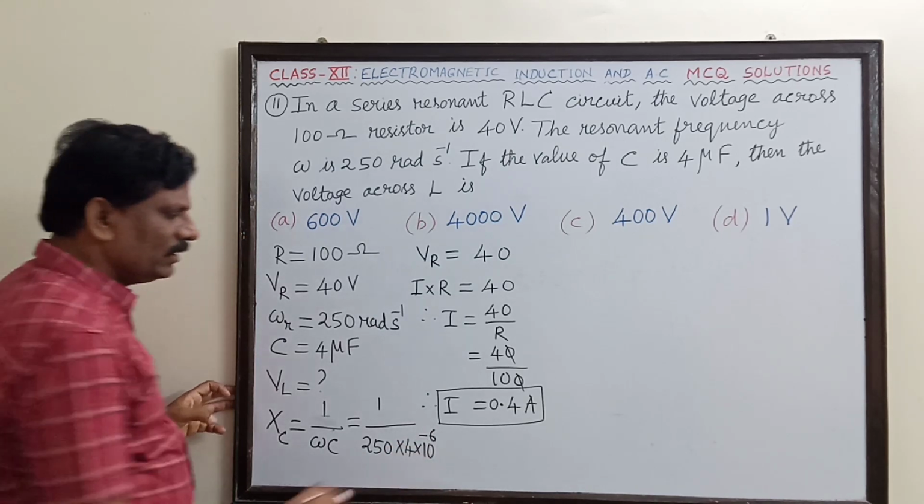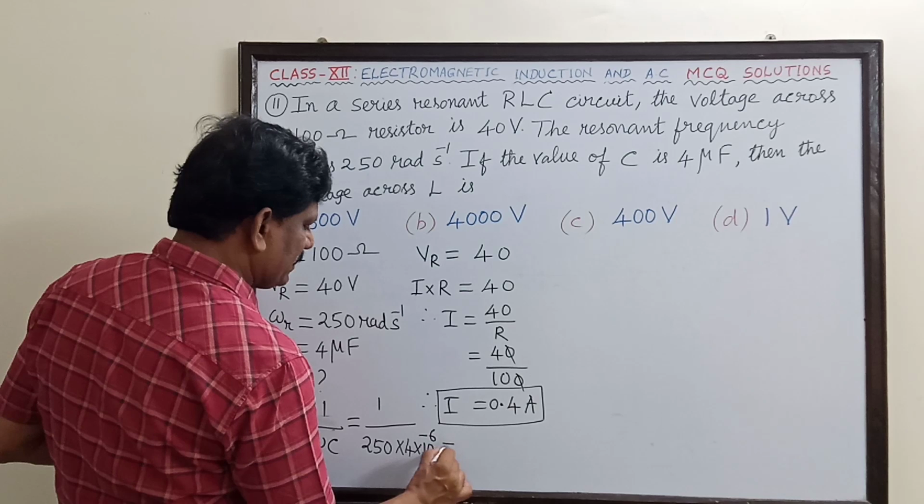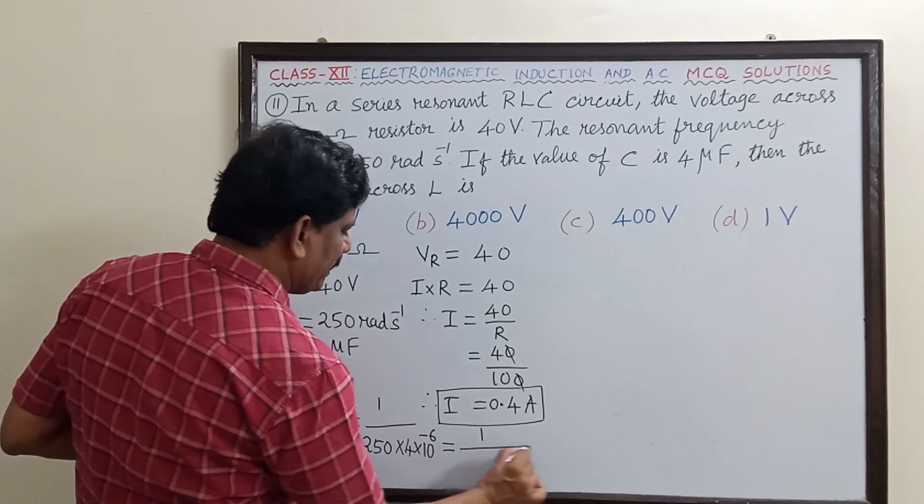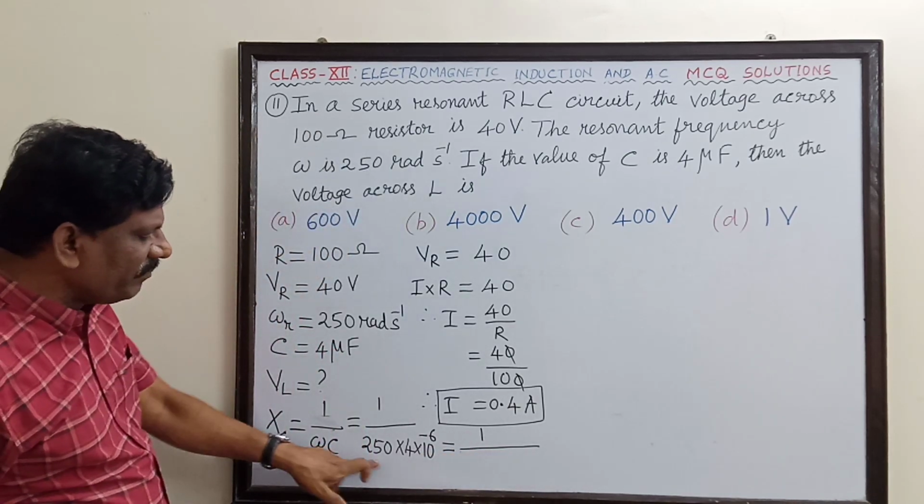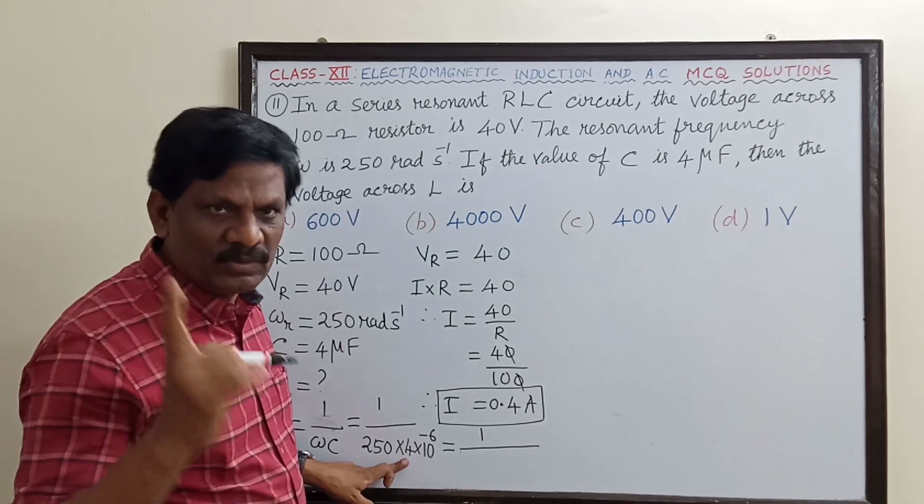Is it not? So once again, this is equal to 1 divided by 250 into 4, which is 1000.